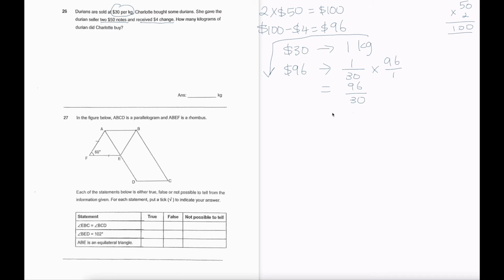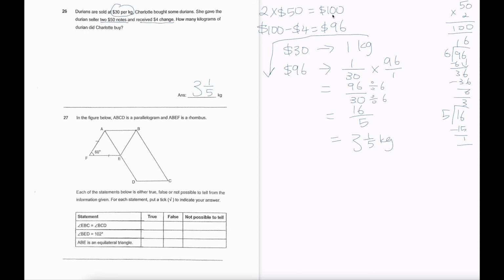From here we can just simplify it slowly, okay? We can take both to divide by 6. Just simplify it. So it's something over 5. 16 over 5. And 16 over 5, let's just do a long division. It's 3 1/5 kg. So Charlotte bought 3 1/5 kg of durians. Got it? Let's move on.